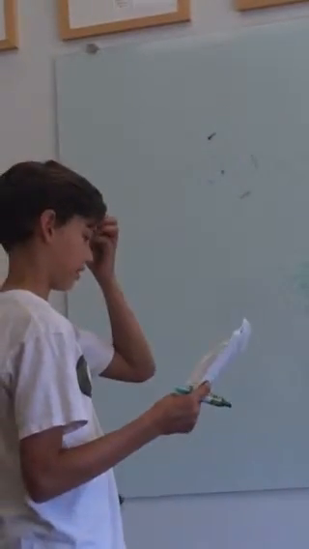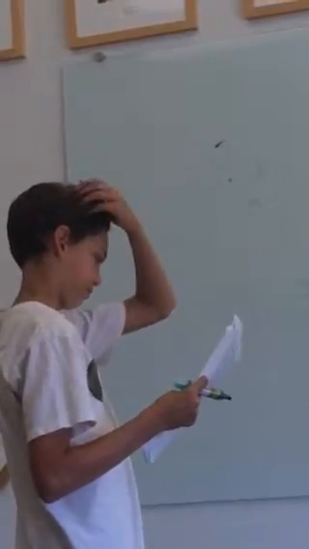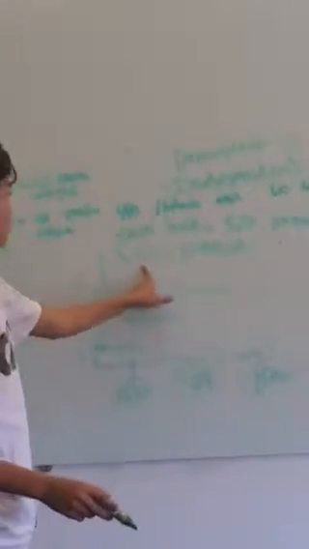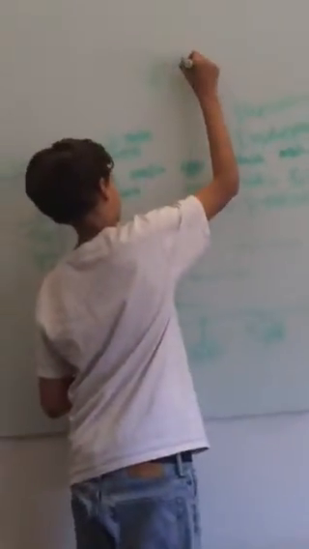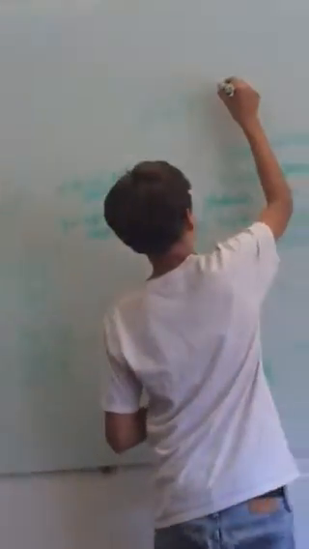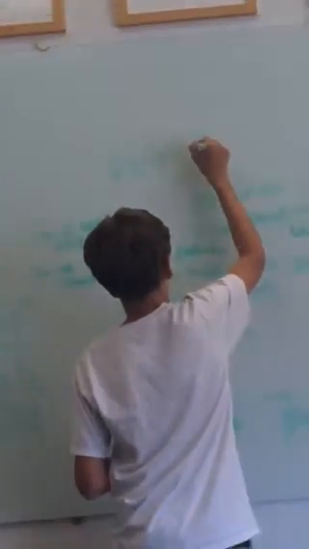Now we're going to try to find a formula. What I first see is that it's all 50s, and it's the people divided by 50 to find the number of buses needed. Let's say the function is f. So we're going to do f of x equals x over 50.